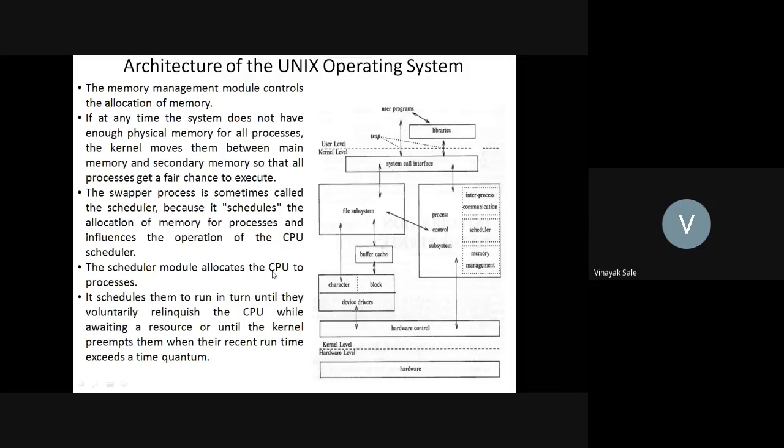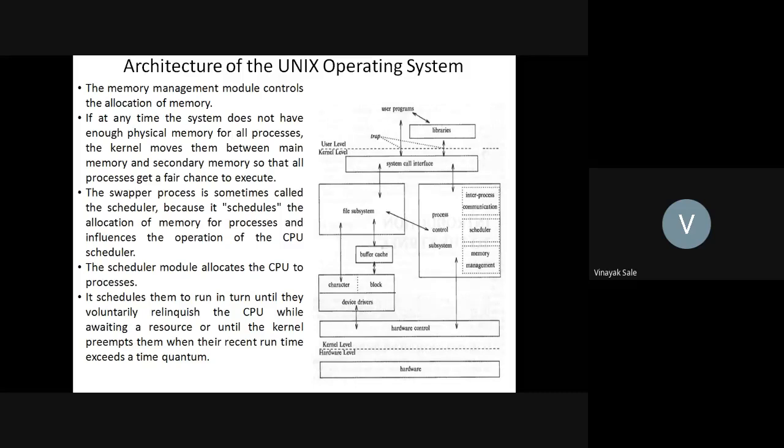It schedules processes to run in turn until they voluntarily relinquish the CPU while awaiting a resource, or until the kernel preempts them when their recent runtime exceeds the time quantum.